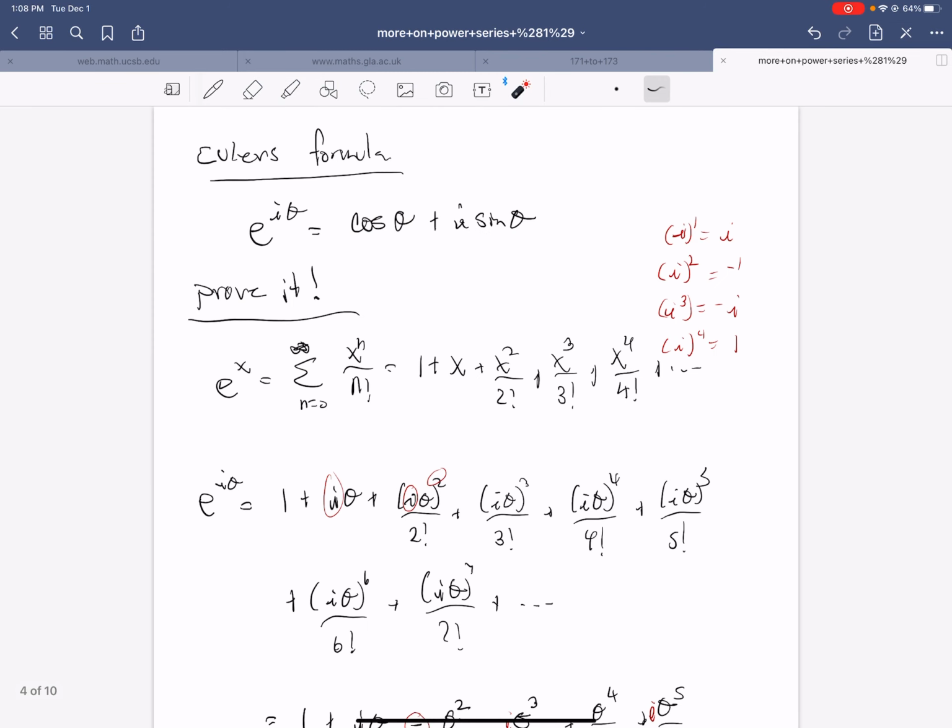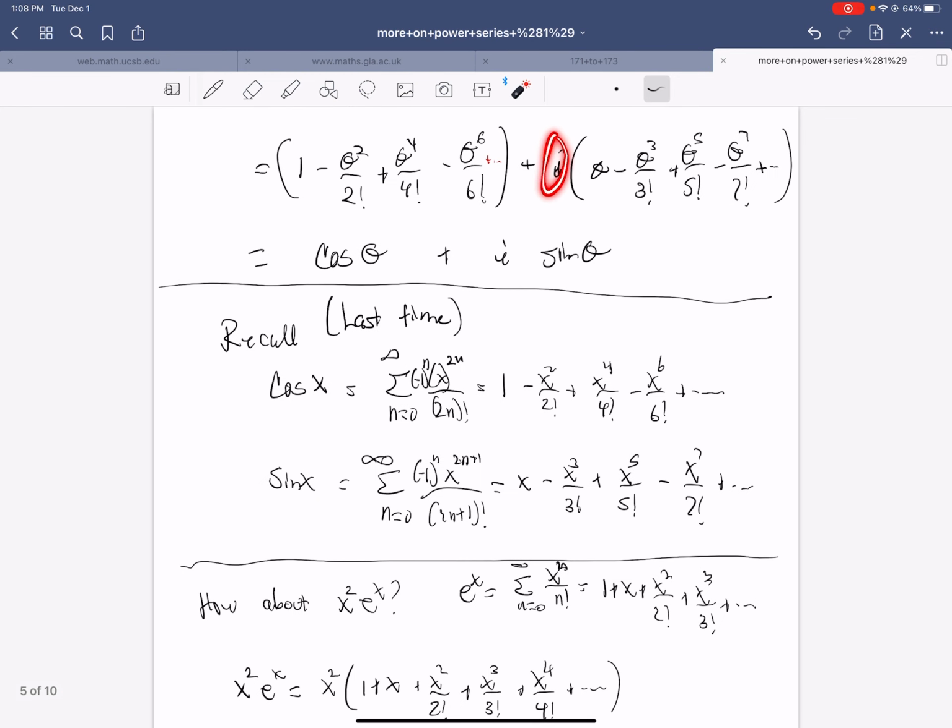And then because all of the odd ones had an I in them still, so we had an I there and an I there and an I there, I can pull the one I out, and that gives me theta minus theta cubed over 3 factorial plus theta to the fifth over 5 factorial. And that I then stays, and this in here becomes sine theta.